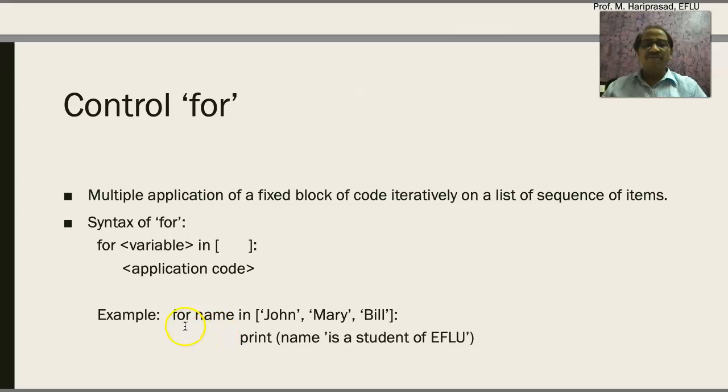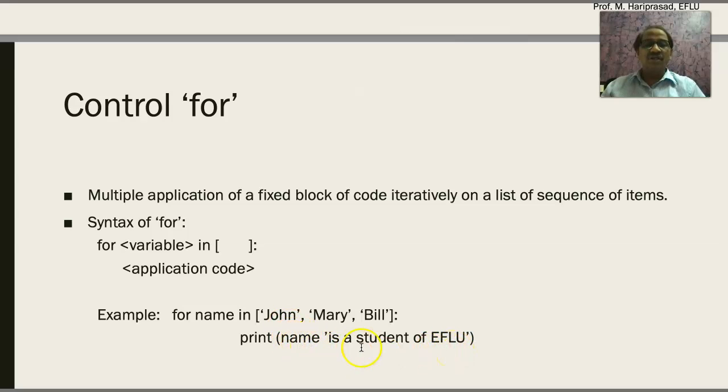For example, if you have for name in John, Mary, Bill, colon, print name is a student of EFLU. What will this do? This will print each name followed by is a student of EFLU.